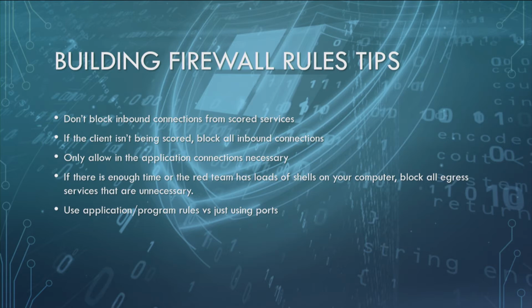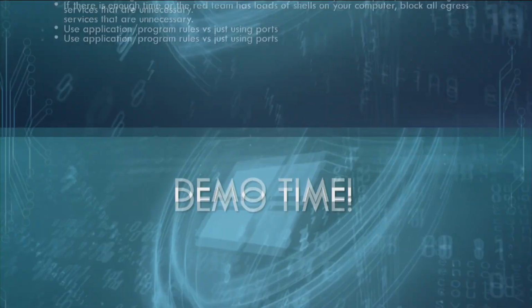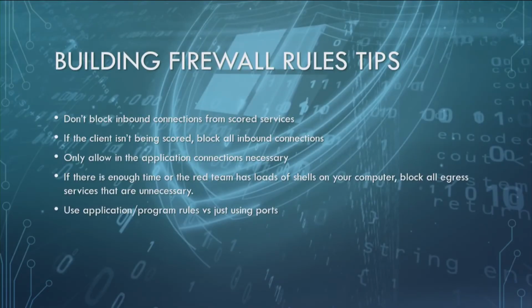Don't be allowing a VNC connection in. Basically, it's just screen sharing software that red teamers can use to look at your screen. I'll show you how to run that in a little bit. And like I said, if you have enough time, by all means configure your outbound, your egress firewall rules.